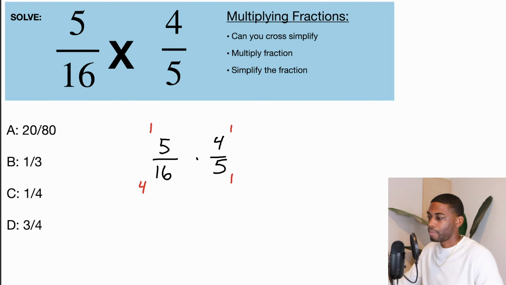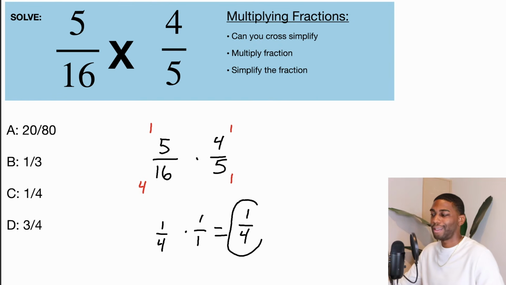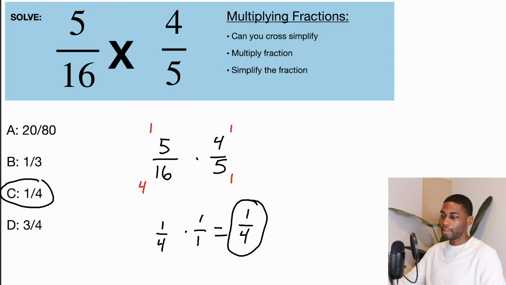So if we go ahead and rewrite our fraction here, 1 up top, 4 on bottom, times 1 up top, 1 on bottom, and we multiply coming across, we'll realize that 1 times 1 is 1, 4 times 1 is 4. This is already simplified. It's already pretty for us. It is too easy. 1 over 4, aka C, would be the correct answer.